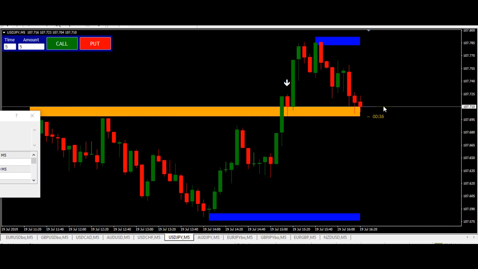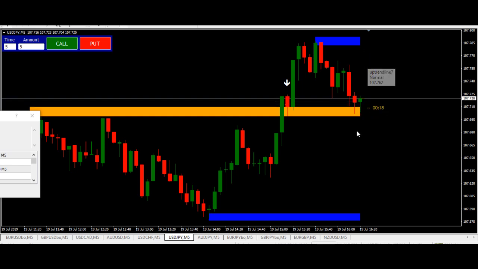Here, 2 things I'm expecting. Either this red candle breaks through the continuation pattern, the yellow is the continuation pattern, and if it breaks through it, then I trade put. Otherwise, if I see a call arrow, I will trade, because now it may be acting as a support.